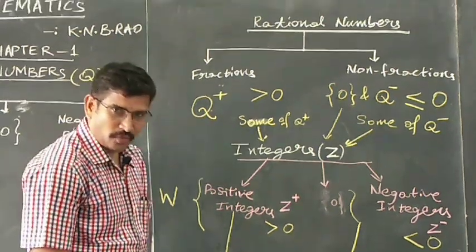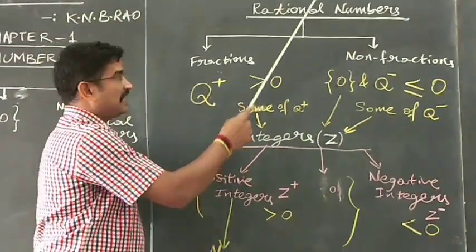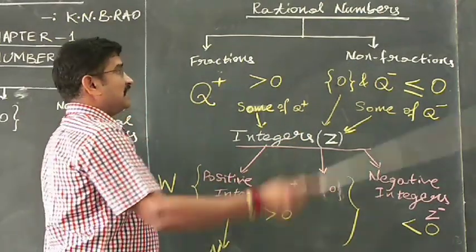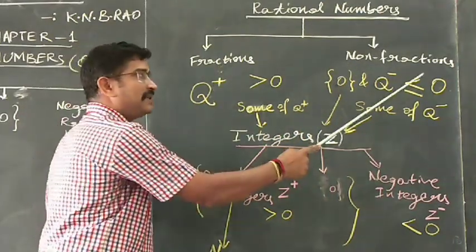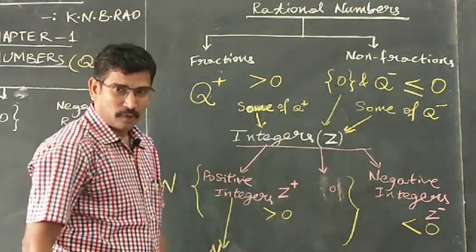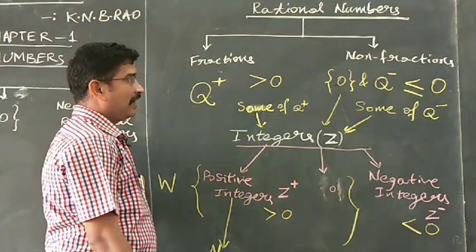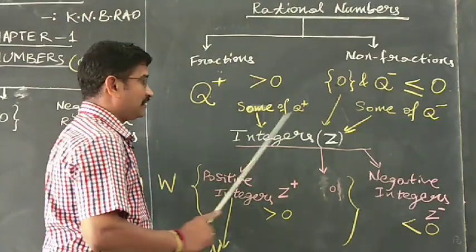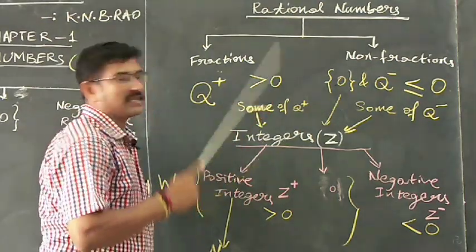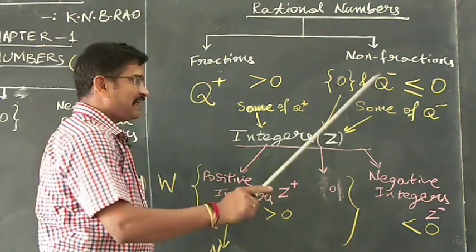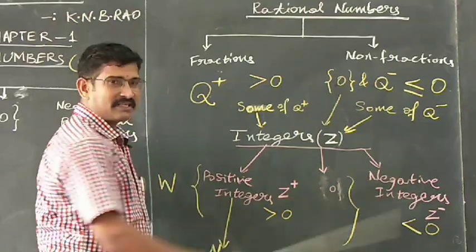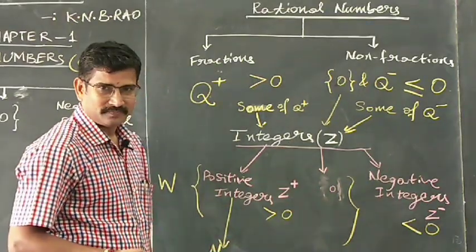So, try to know that rational numbers include all fractions as well as non-fractions. Some of the fractions and some of the non-fractions with the denominator 1 will be integers. Therefore, the rational number set includes integers. Then, the integer set is subdivided into positive integers, negative integers and 0 alone.